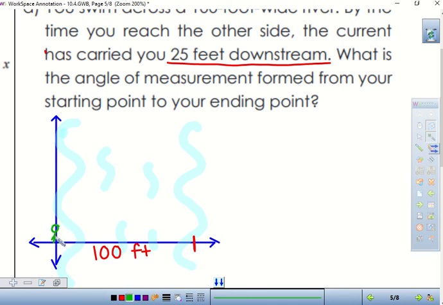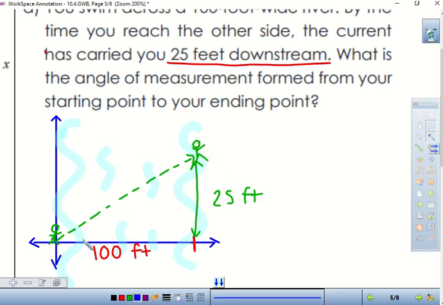I started over here. And if the river's flowing, you're not just going to go straight across, right? You're actually going to go diagonally, like this. And they're telling us that this distance right here is 25 feet. And I end up over here.